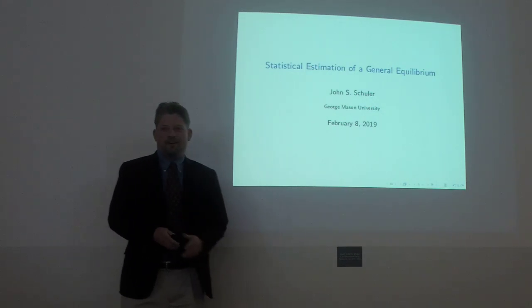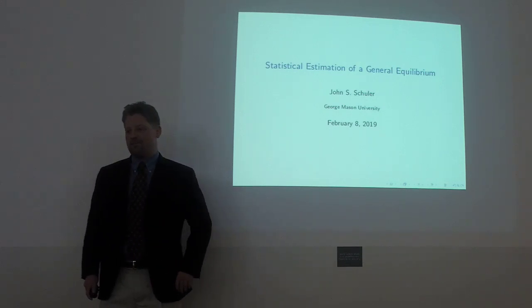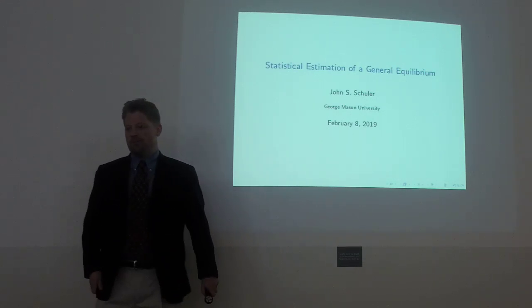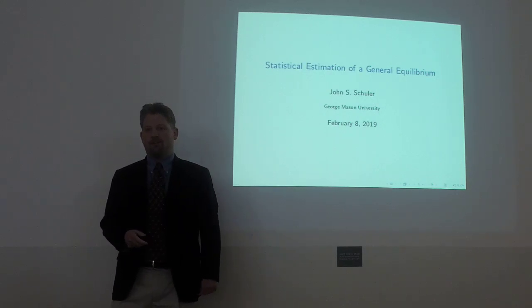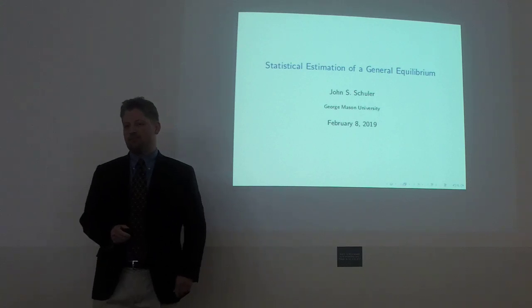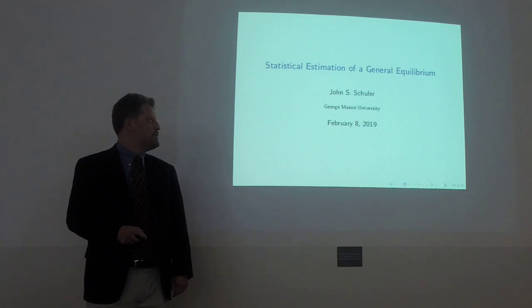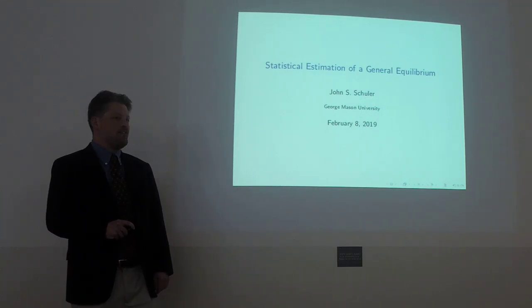All right, so as is obvious, I'm talking about statistical estimation of a general equilibrium. You'll have to bear with me because I'm going to have to discuss some of the economic concepts to make sure they're intelligible, because I'll be giving this talk primarily to a group of statisticians. So, what is an equilibrium?